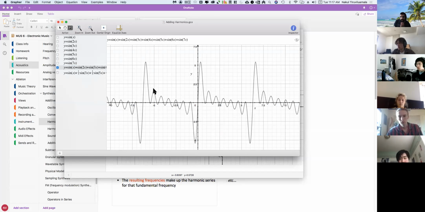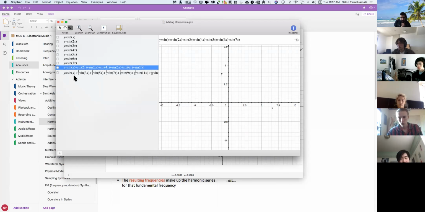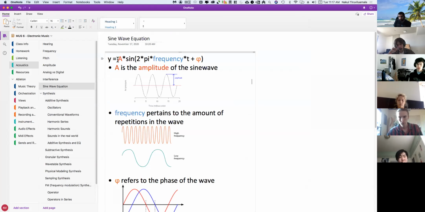Now, what's interesting is if I weight these waves in a certain way, if I take these particular amplitudes, so let me just go back to the sine wave equation really quickly. If you see this equation, A in front of the term is the amplitude of the sine wave, right? How loud the sine wave is, the amount of fluctuation in the air pressure, the density of the air pressure.